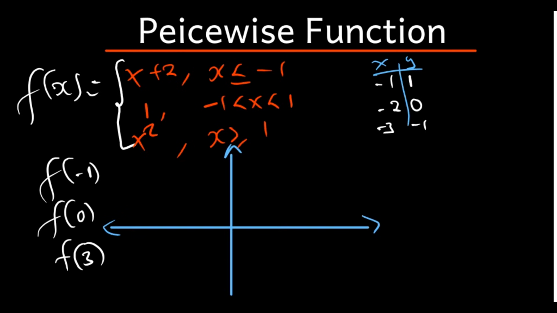The x values I have are -1, -2, -3. Allow me to put also -4. So I have these values here. Next, I'll go to my y. On my y, I have -1, -2, and I'm going to put all the way up to -3.